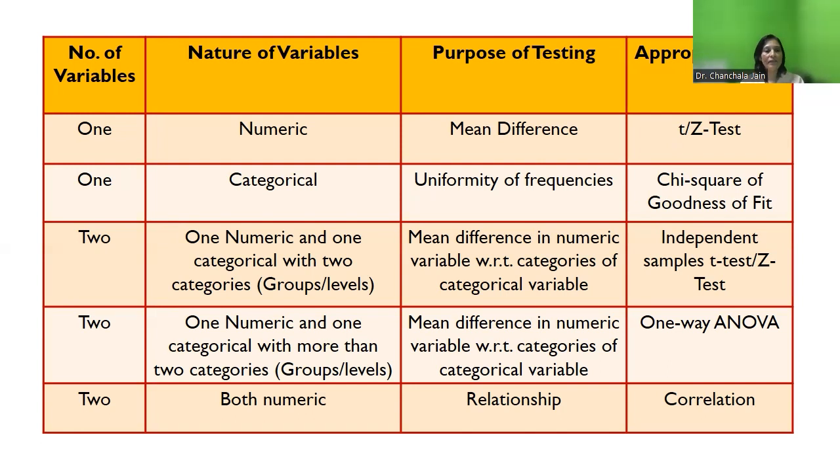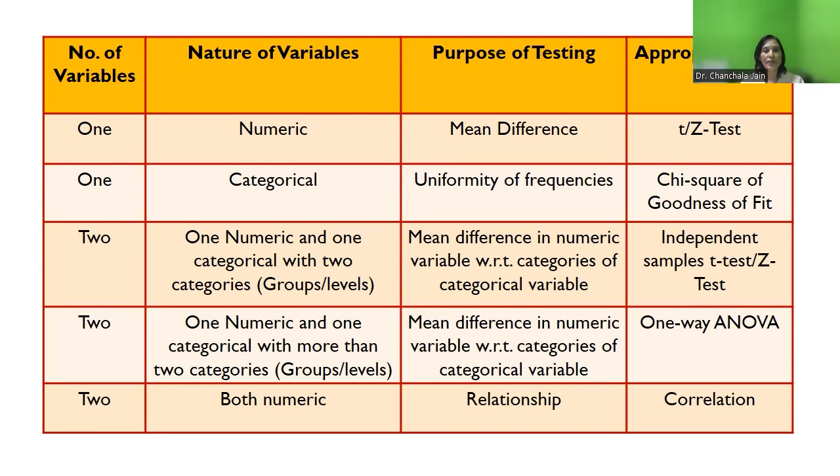Again, if we have two variables, one numeric and one categorical, but this time the categorical variable has more than two categories, and the purpose is the same, to find the mean difference in the numeric variable corresponding to the categories, then we will opt for the one-way ANOVA.